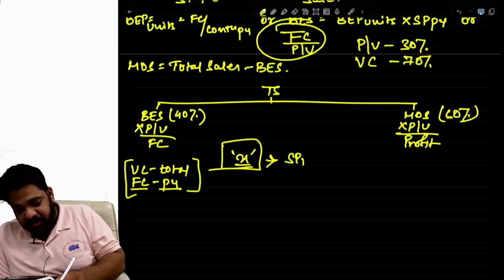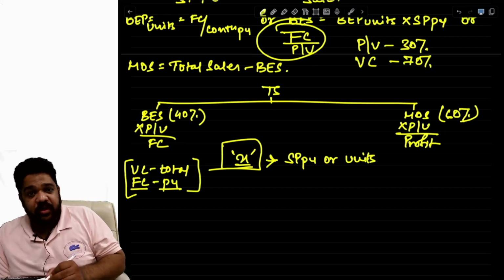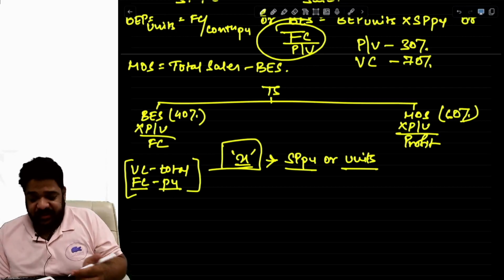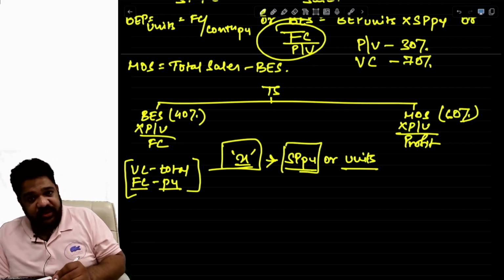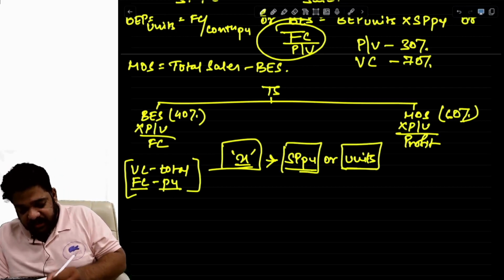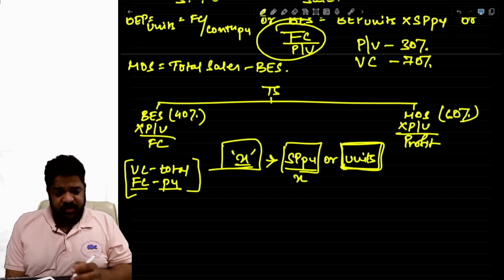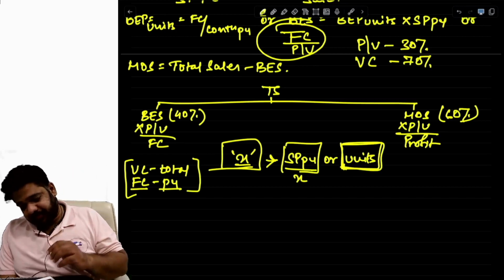Either the selling price per unit will be missing, or the number of units would be missing. Whatever is given, the balance has to be X. So if the selling price per unit is given, then consider the units to be X. If the units are given, consider the selling price per unit as X. As simple as that.